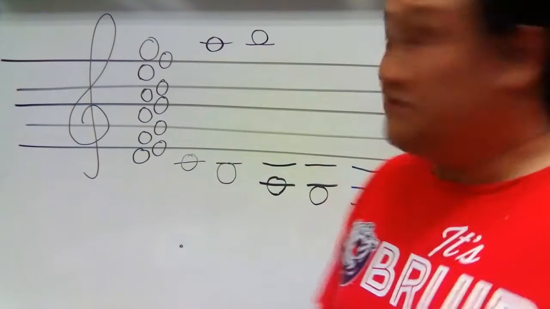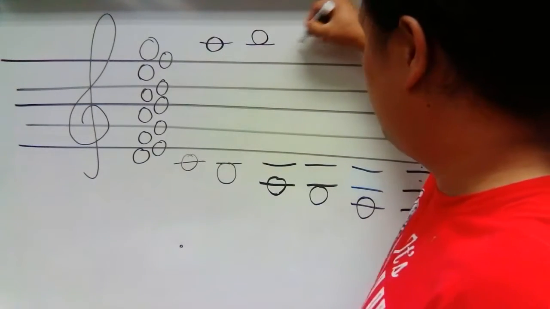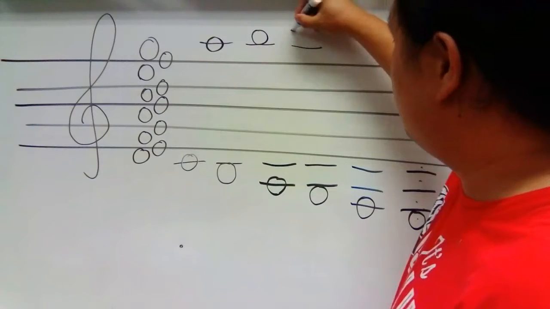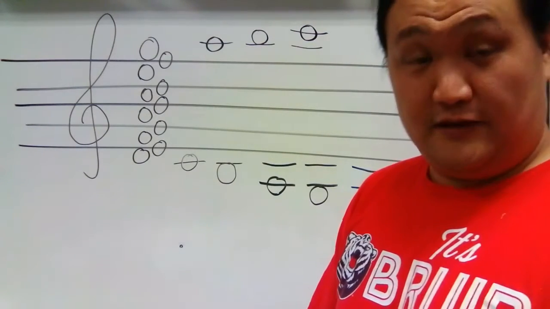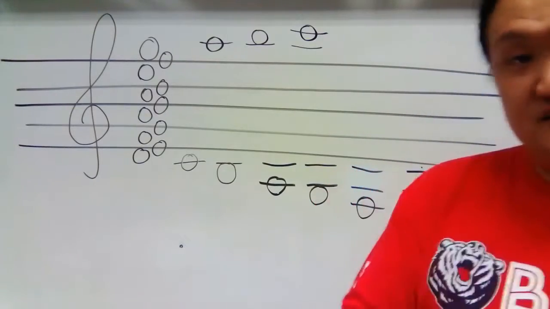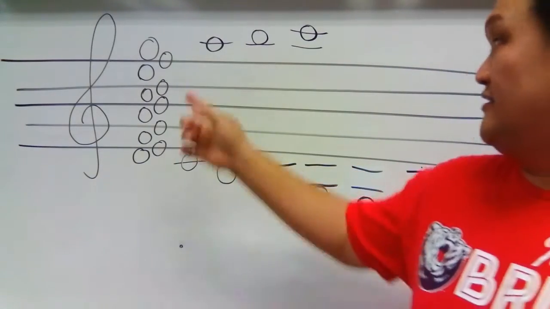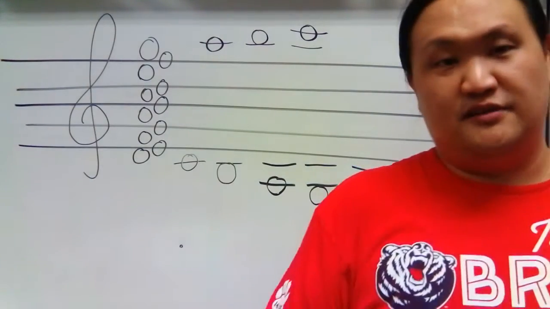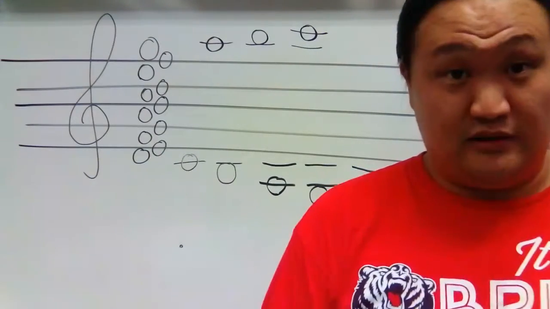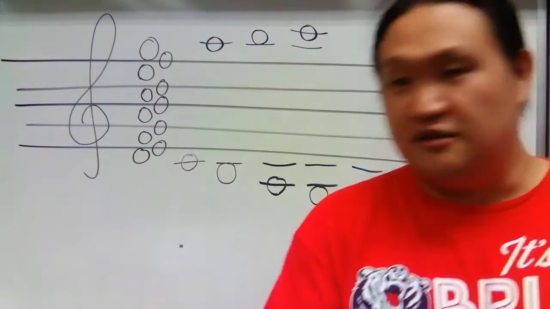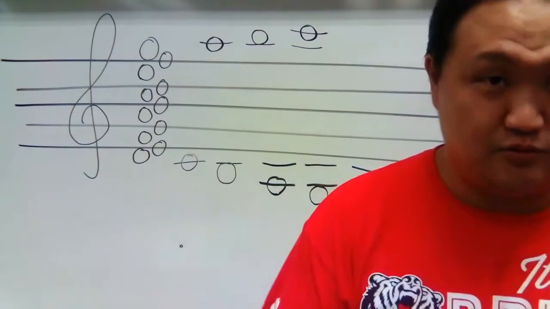If I want to go to a C above that B, two ledger lines. Okay, so you must understand that these ledger lines are simply an extension of that staff. All the rules apply the same way, and you can theoretically continue on as long as you want.